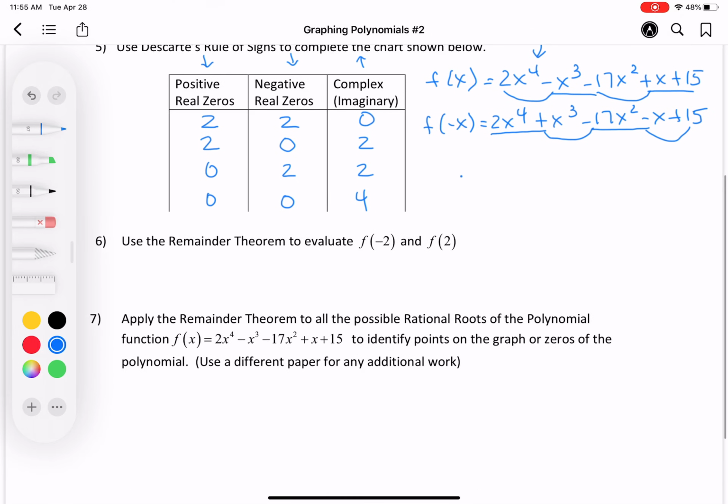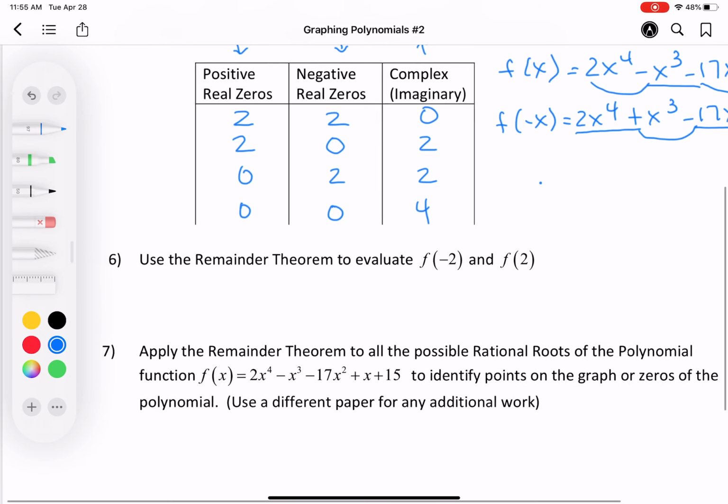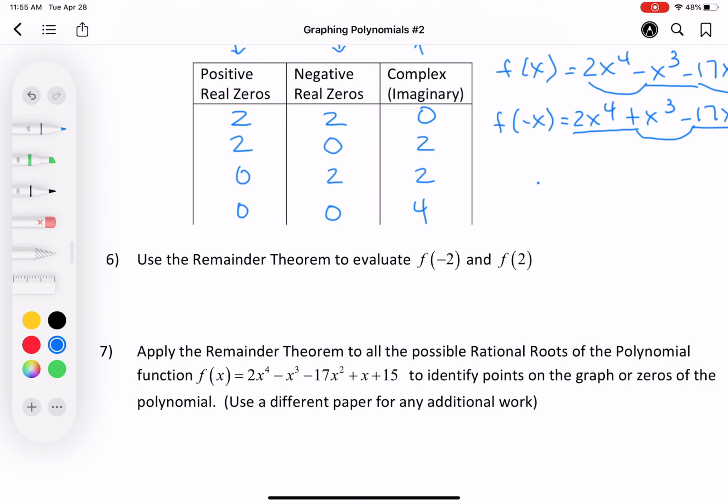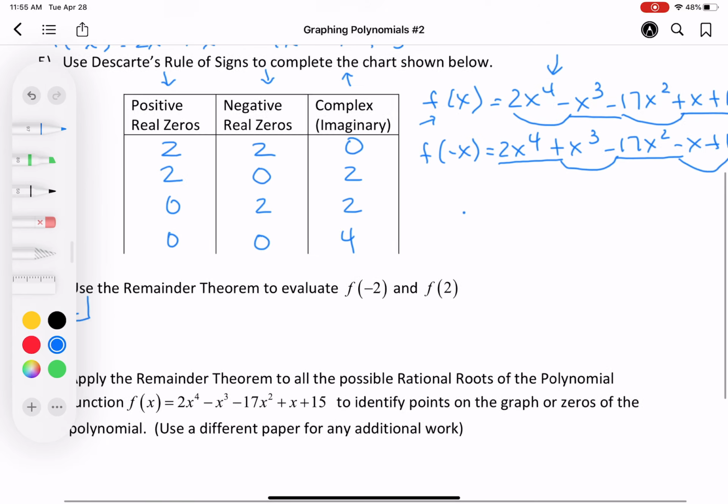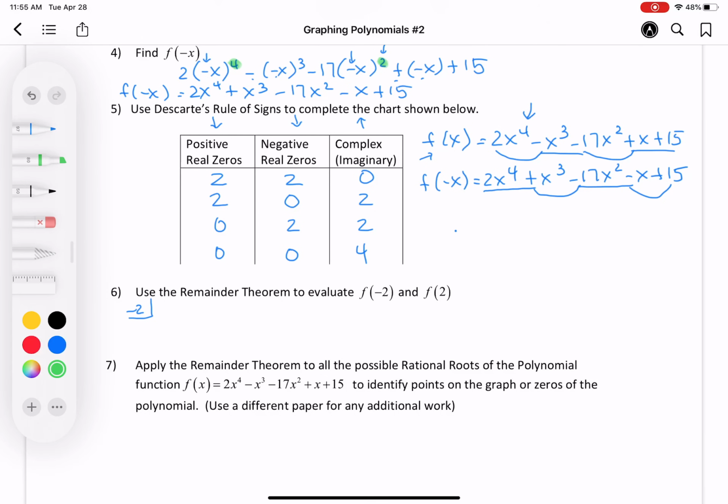All right, so now we're going to use the remainder theorem to evaluate. Okay, so it's like plugging this into this function. Okay, negative 2, but I'm going to use synthetic division, and I'm going to use the coefficients. So 2, negative 1, negative 17, positive 1, and 15.